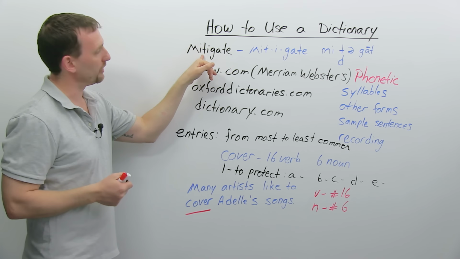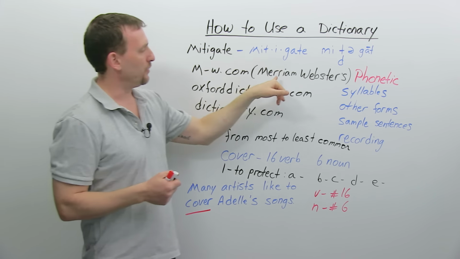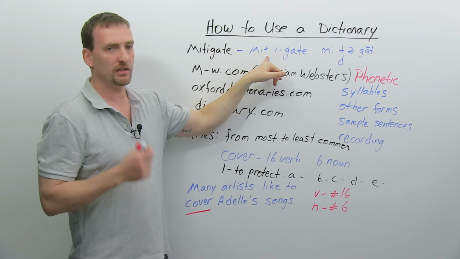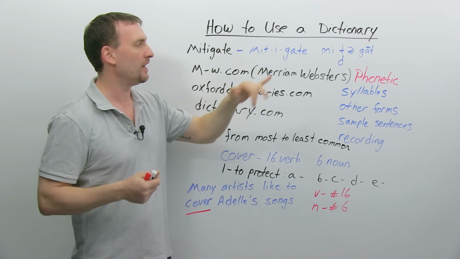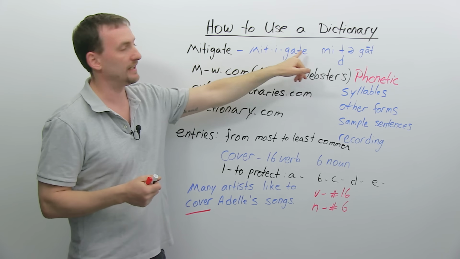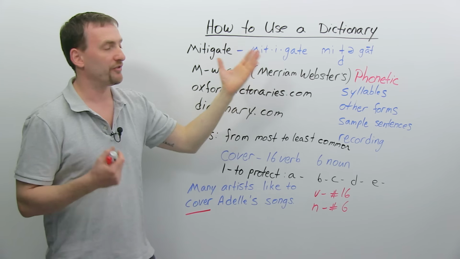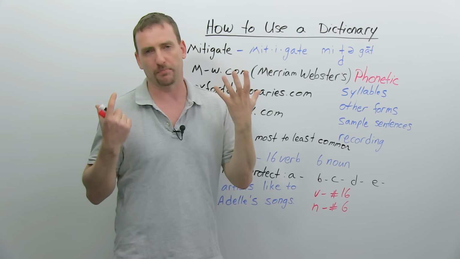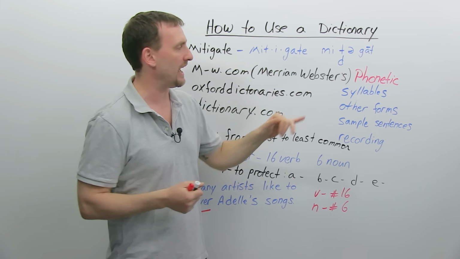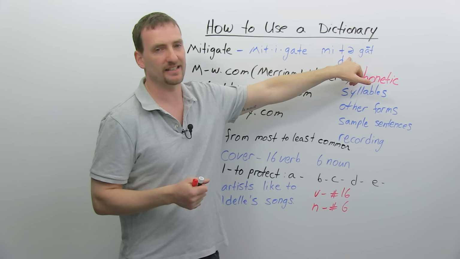So let's go back to our word mitigate. The Webster's dictionary will give you the pure syllabic breakdown of how to say it. Mitigate. But for those of you who are a little bit more adventurous, who have a good memory because you have to study a new alphabet, there is also the phonetic spelling.